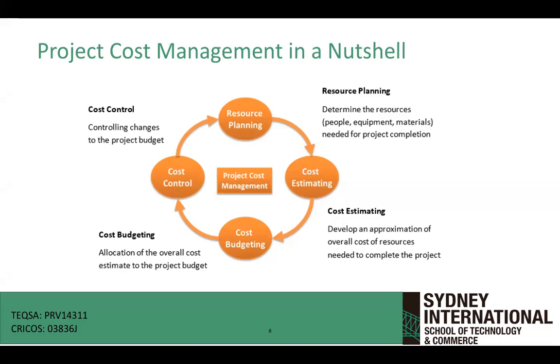Because if there are very big cost overruns, what is that going to mean for me? It's going to cost me much more money to deliver the project. And because we know that if it is delivered over budget, it is not going to be a successful project.